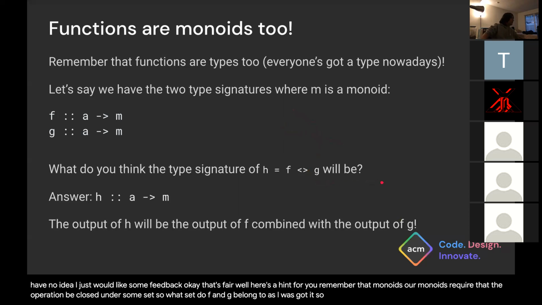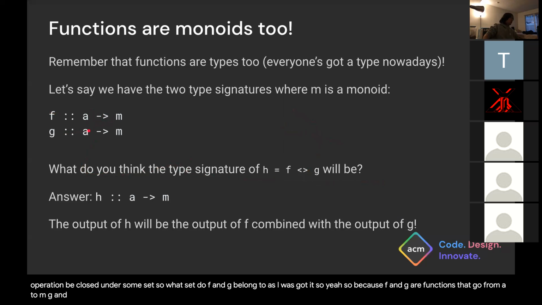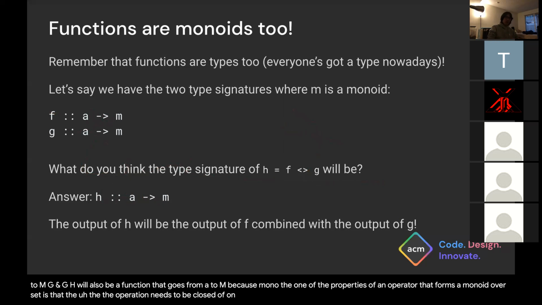So because F and G are functions that go from A to M, F and G's H will also be a function that goes from A to M, because one of the properties of an operator that forms a monoid over a set is that the operation needs to be closed over the set.